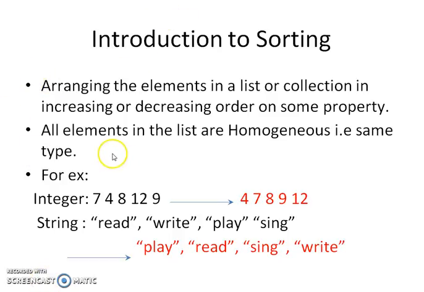But one thing you should remember is that the list must be homogeneous, that is, all these elements will be of the same type. For example, you can sort integer elements. Here, if the data are 7, 4, 8, 12 and 9, after sorting it will be in this order: 4, 7, 8, 9, 12.